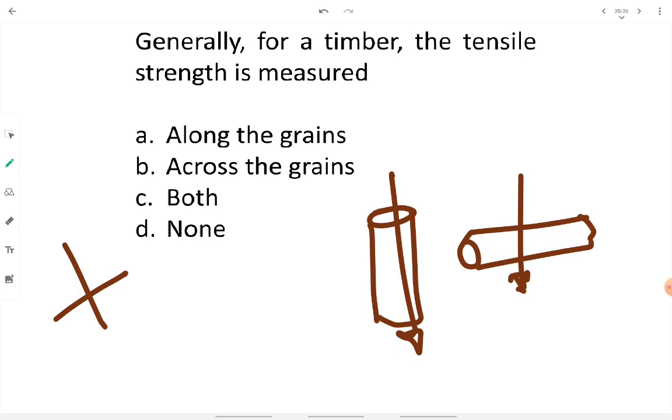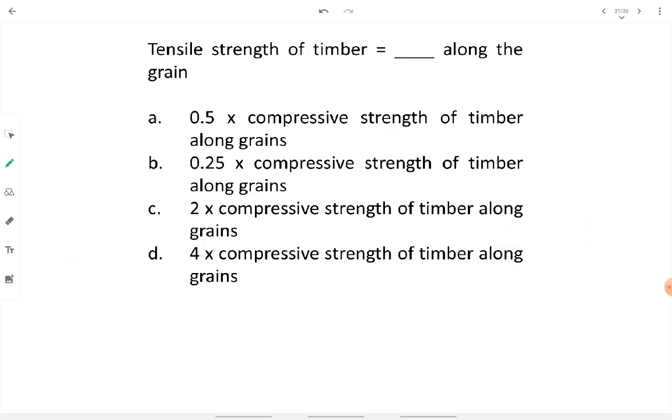Okay, let's go to the next question. Tensile strength of a member is equal to how much compressive strength along the grain? It is the standard thing that the tensile strength of timber along the grain is always 2 times the compressive strength.